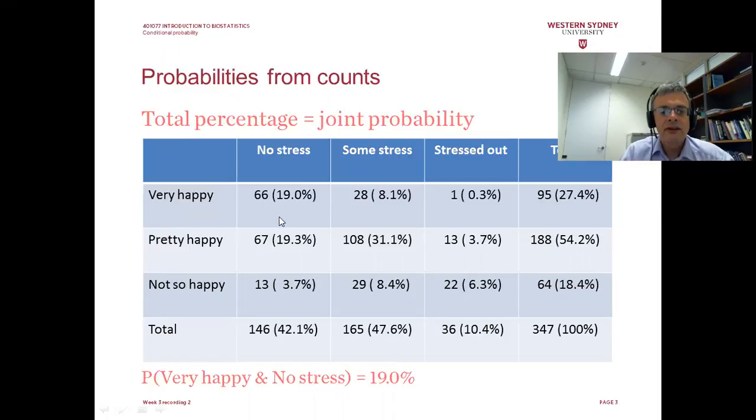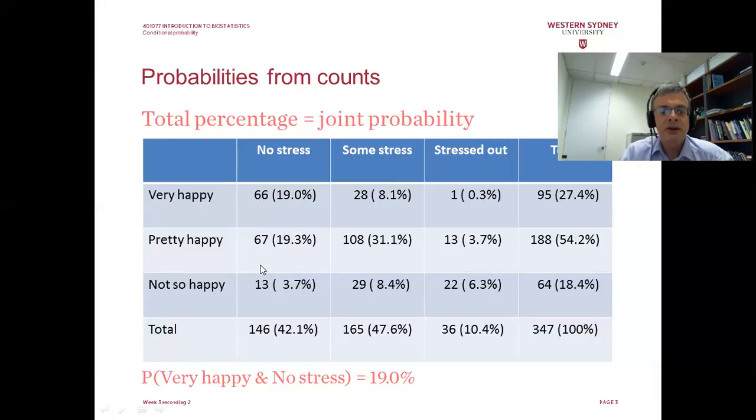We've been talking about using percentages as a method of converting to probabilities. The 66 students who are both very happy and have no stress represent 19% of the 347 students in the sample.